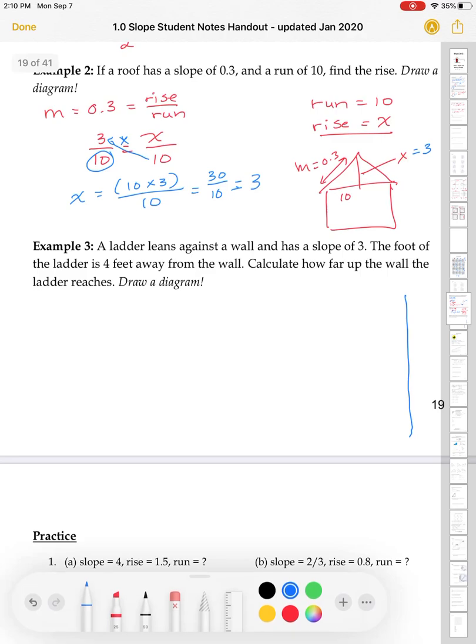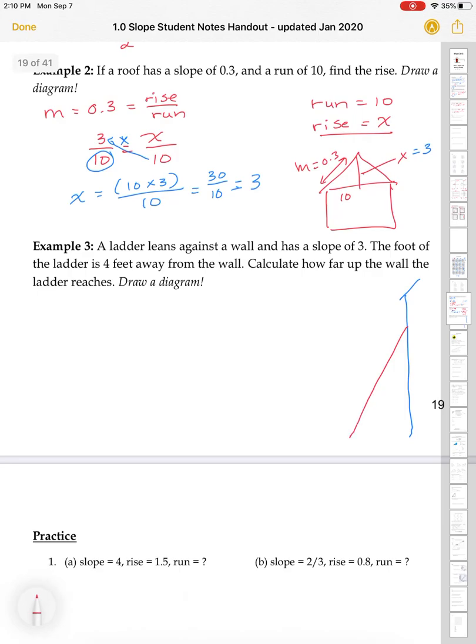So if I have my wall here, and I have my ladder leaning against the wall, the foot of the ladder is 4 feet away from the wall, and I want to know how far up the ladder reaches. So I'm looking for the rise.